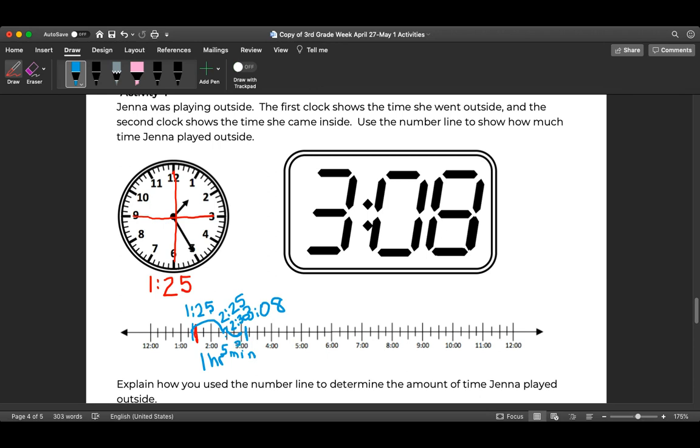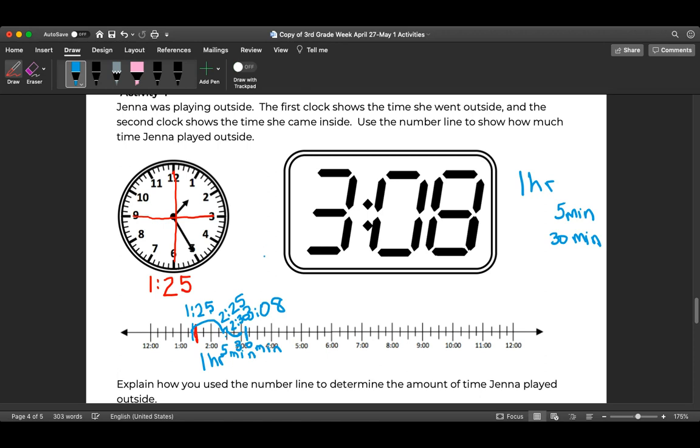So I'm going to write 30 minutes. And I'm actually going to make a note over here to the side. So far, I've jumped 1 hour. Then I jumped 5 minutes. And I jumped 30 minutes.